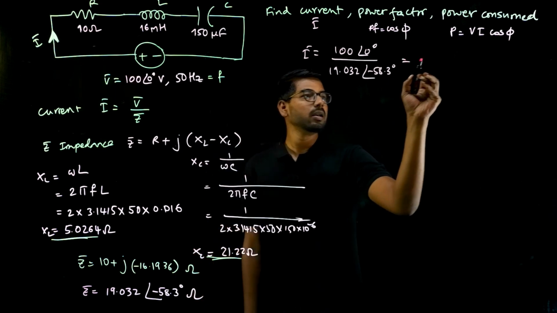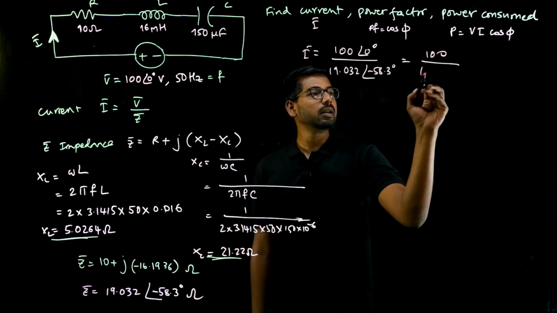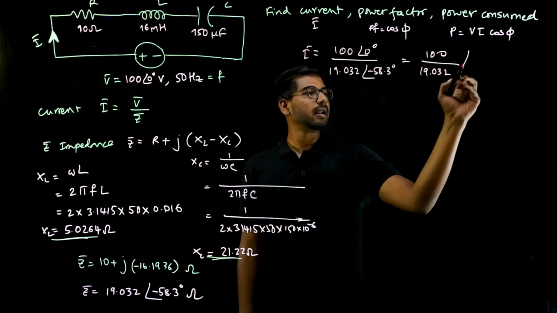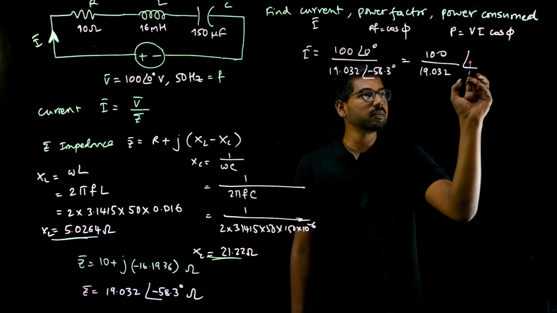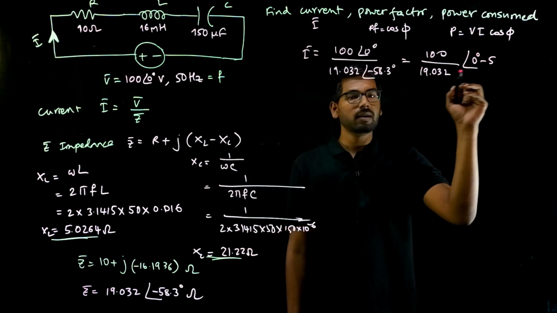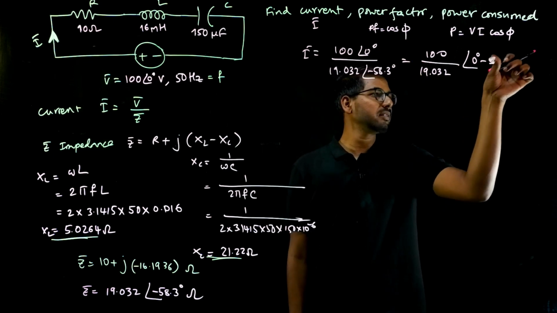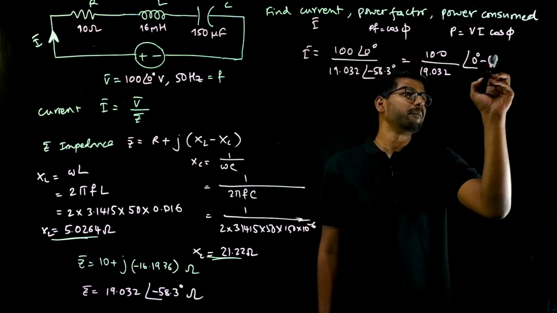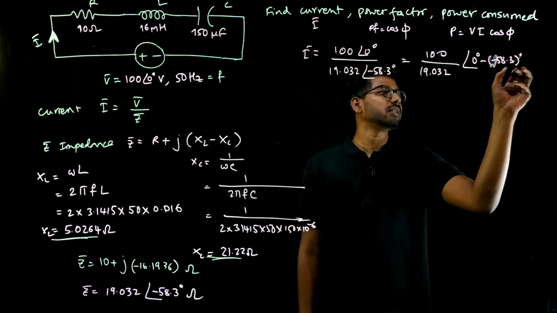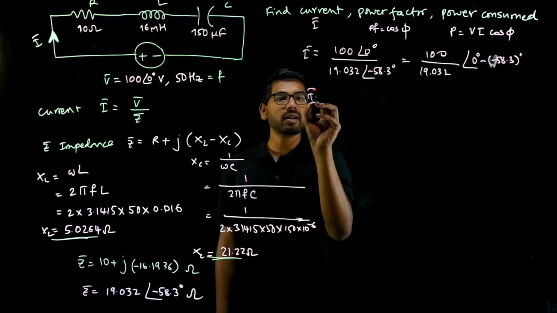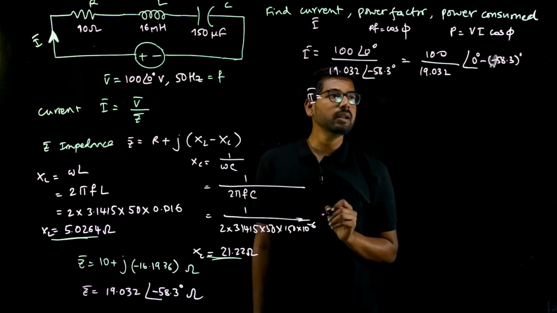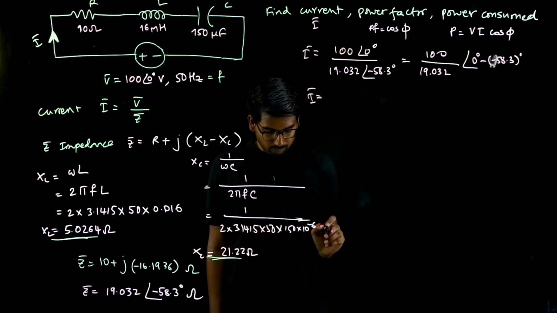So this will be 100 by 19.032, and for angles, division means subtraction of angles: 0 degrees minus minus 58.3 degrees. This will give us I bar equal to 100 by 19.032, which is 5.254.